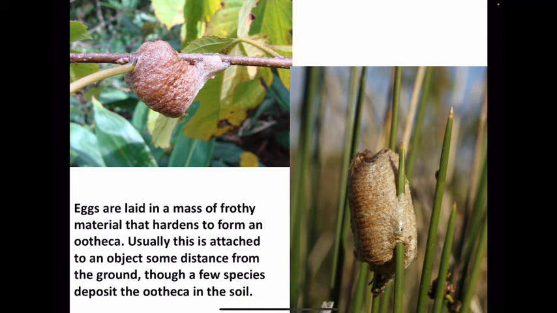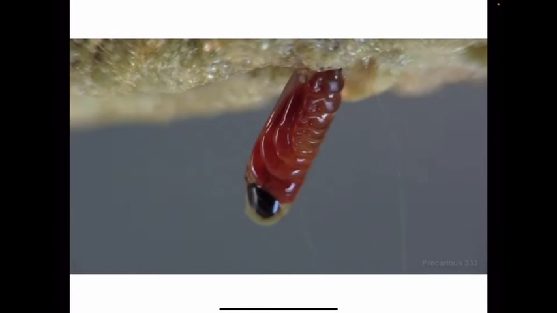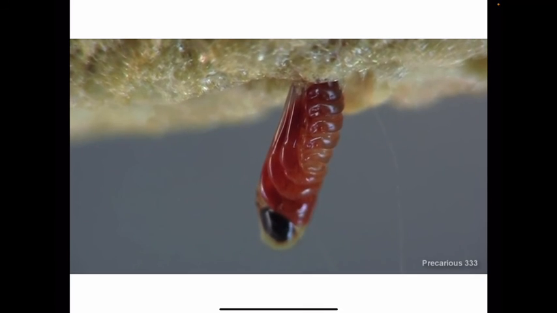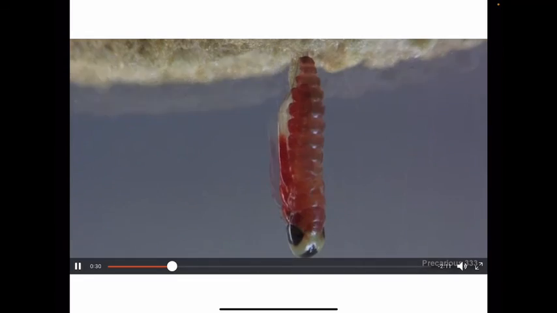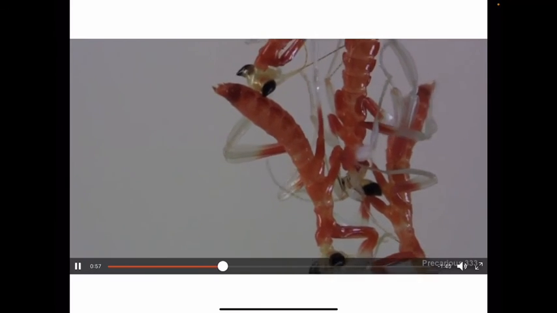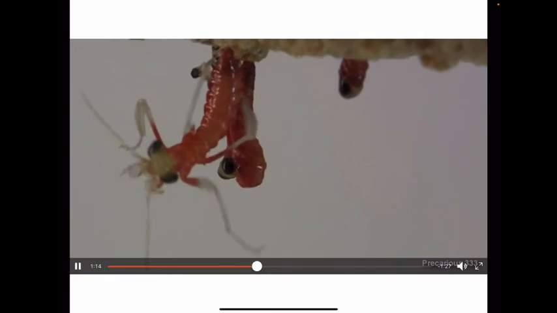And then the female will lay their eggs in masses of frothy material which will harden later, and it will form an ootheca. From the ootheca, the nymphs will come out like this. This is a praying mantid nymph, and it is a very well synchronized process.